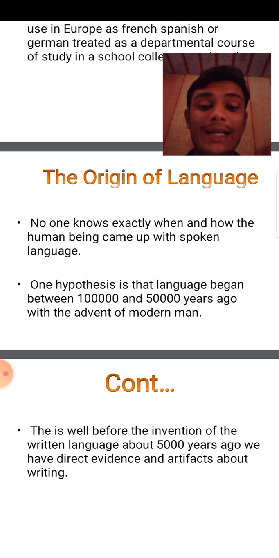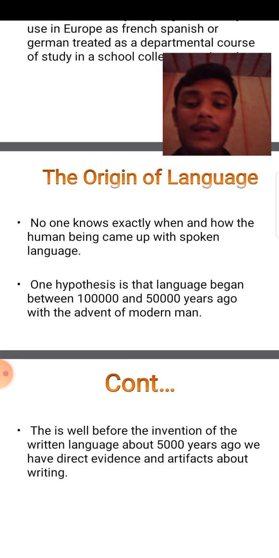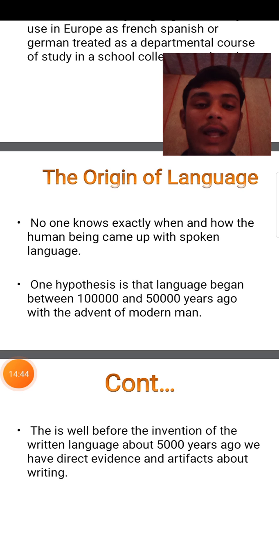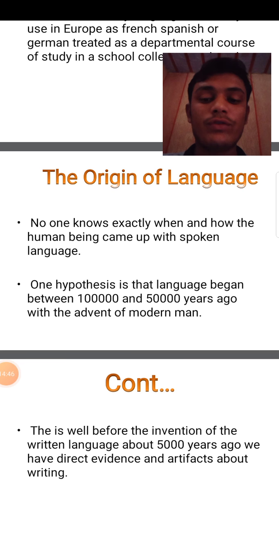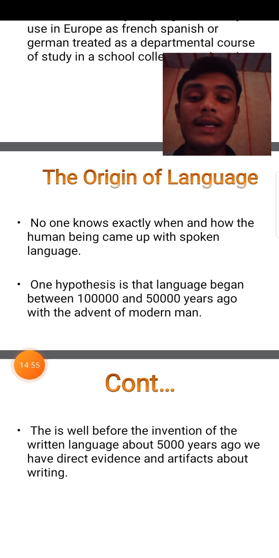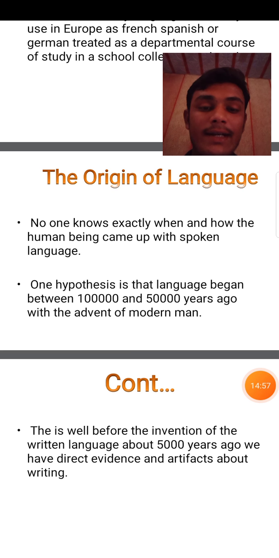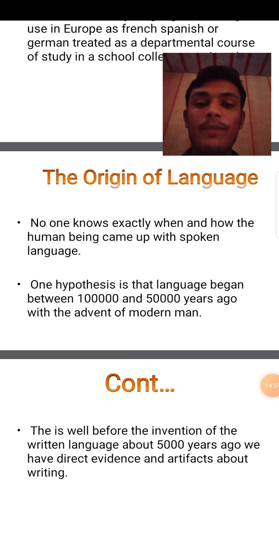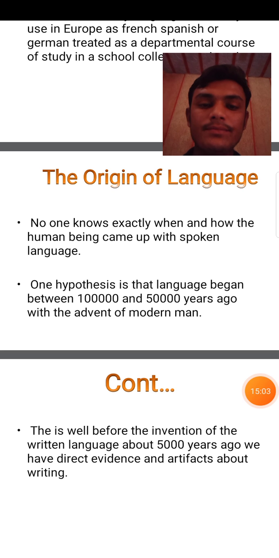We have direct evidence and artifacts about writing. Many philosophers have written about that in their books. The language is old, about 5,000 years. The slide is defining that the language is old. This is the origin of language I have mentioned.